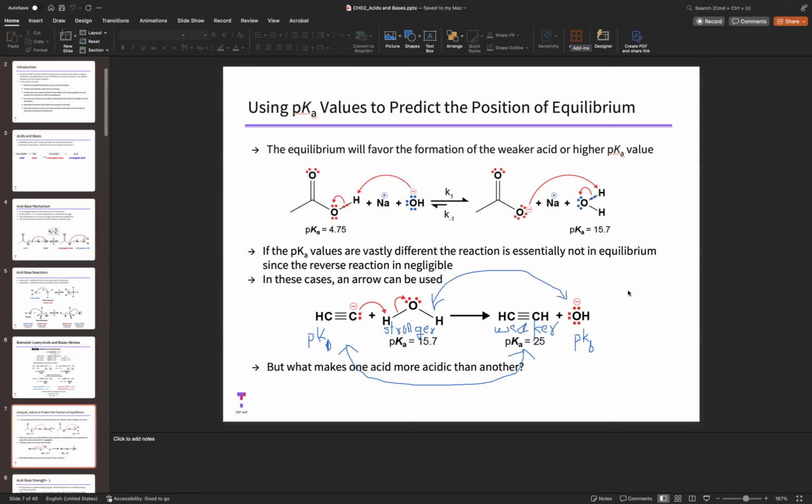Then you apply that equation that pKa plus pKb equals what? 14.